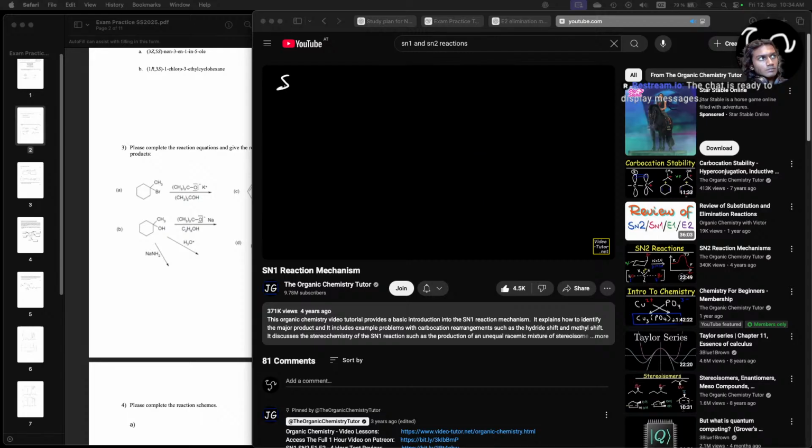For the SN1 reaction mechanism, it's a first-order nucleophilic substitution reaction. The rate depends on the rate constant k and the concentration of the substrate, but it does not depend on the concentration of the nucleophile. So if you double the concentration of the substrate, the rate of the reaction will double.